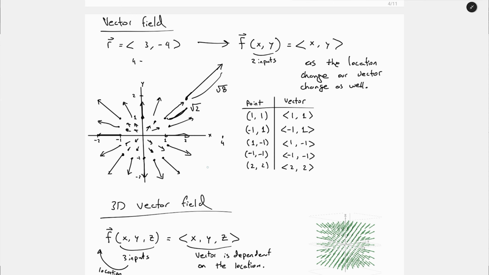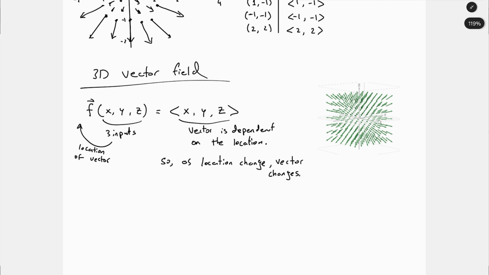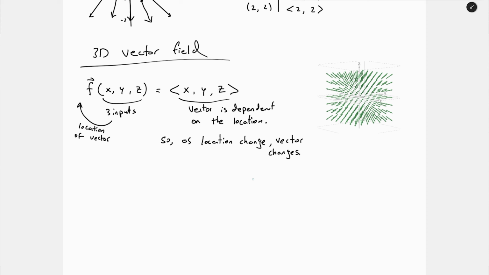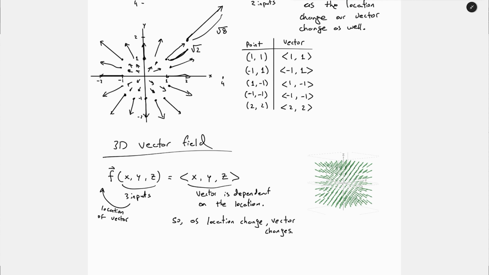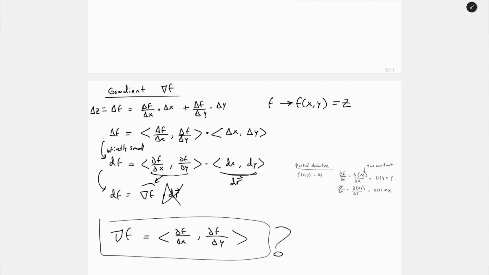Then I showed you a simple vector field example. Then we moved into a 3D vector field with a simple example as well, and how the location was changing and everything.